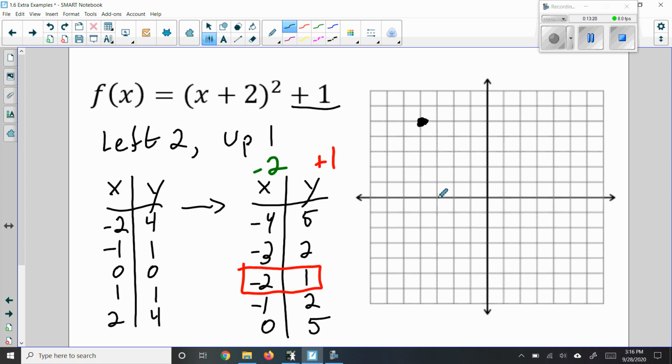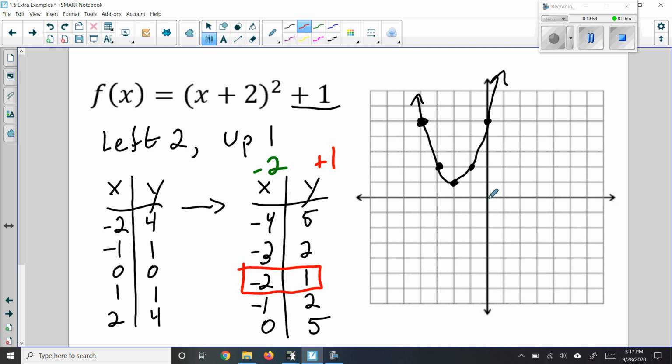Negative 3, positive 2. Negative 2, 1. And these are going to be a mirror image of these. Okay. So we can see our parent function, which normally has a vertex here at 0, has gone left 2 and up 1.